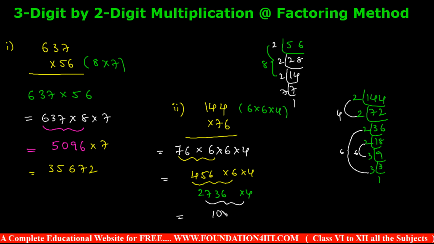So 10,944. Yes, 10,944. So you can calculate internally without using any pen and paper. This is the concept, because by remembering the previous number with single digit you can multiply.